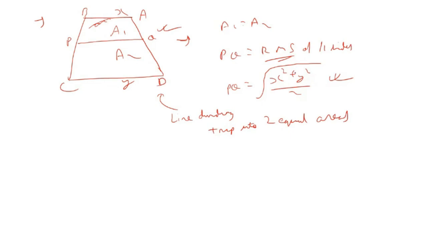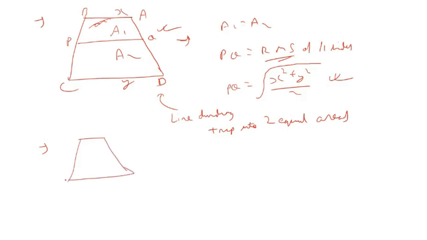Okay, and if you see, all of these formulas use only the parallel sides. Now we'll take a formula which uses the non-parallel sides as well, the sum of squares of the diagonals.